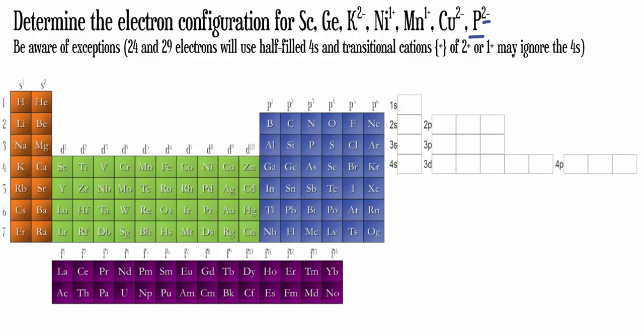Let's do one more with phosphorus. This phosphorus is going to have a -2 charge. Phosphorus has 15 electrons, but with a -2 charge, it's going to be like chlorine. Chlorine has 17 electrons. Chlorine ends in the 3p5. We'll go ahead and place our electrons in the 3p5.